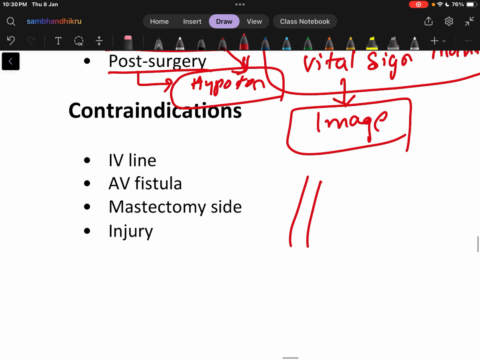So contraindications: which one should we not assess? Suppose on this arm an IV line is inserted, at that time you should not do the BP assessment on this side; you should assess the side where the IV line is not there. Or an AV fistula.